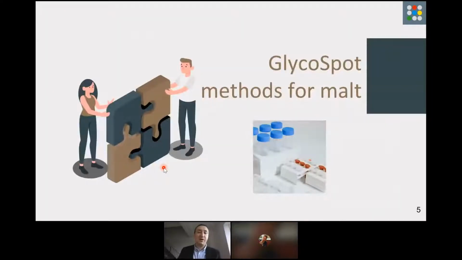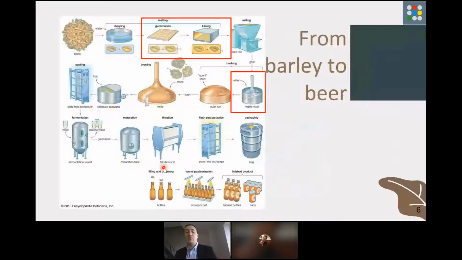Now let's jump directly into some results. In this case, for malt and our method for malt. If we look at the value chain from barley to beer, as most of you know, the steps in between are several, and they require several technical transformations of the grain.